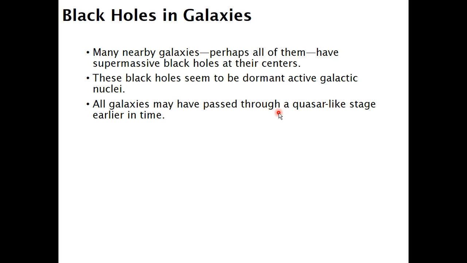Now, of course, the accretion disk can also fall into the black hole, and so the ones that we see that aren't energetic, it could just be dormant. Is that these black holes have reached a quiet stage after they've produced a lot of energy from the accretion disk.